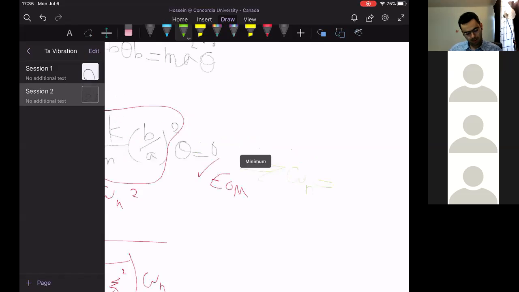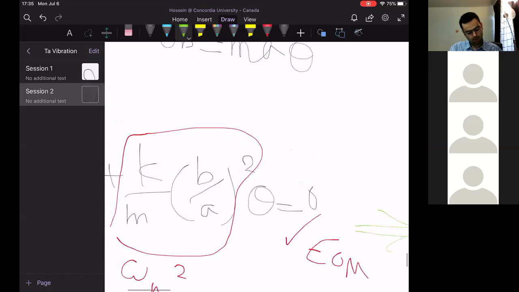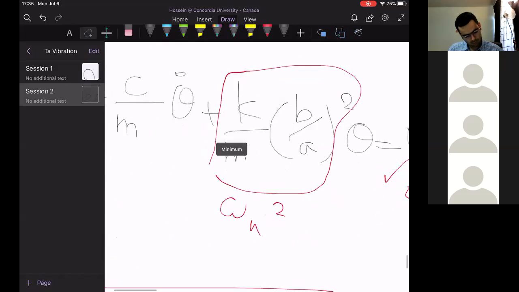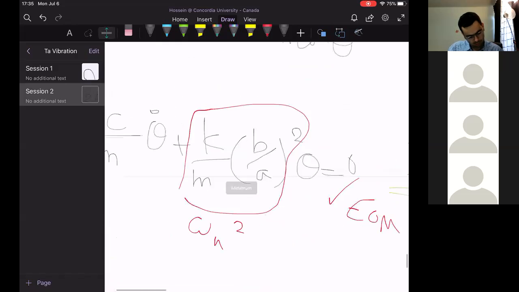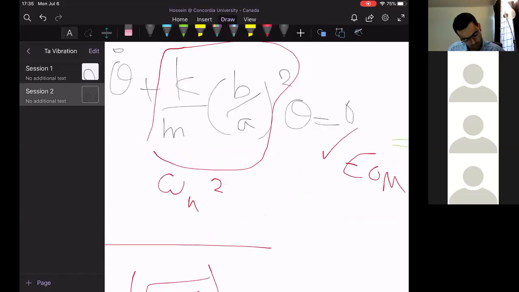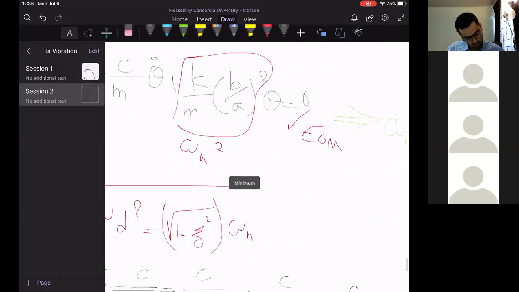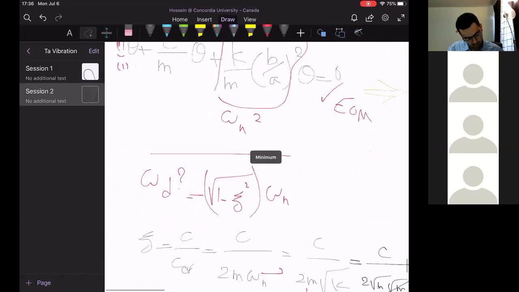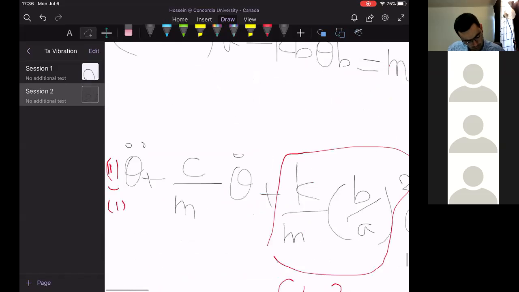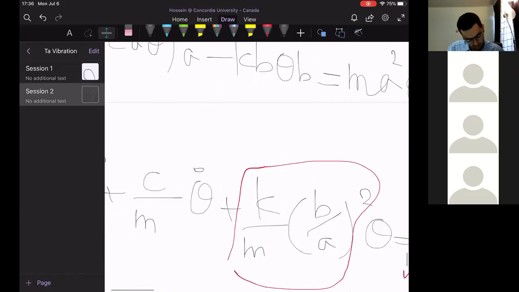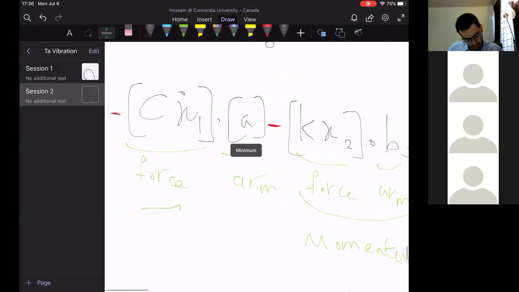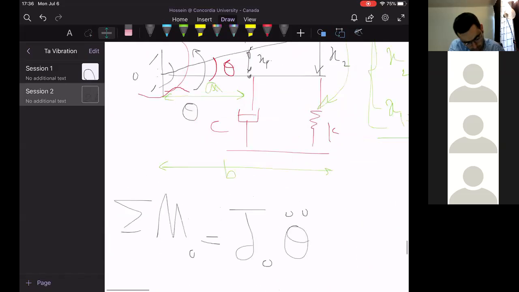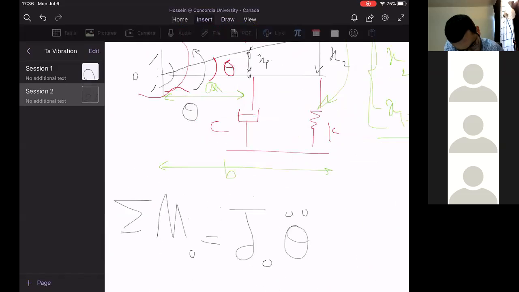I don't know how. I just have to zoom out. How can I zoom out?